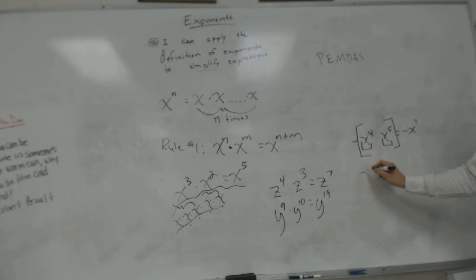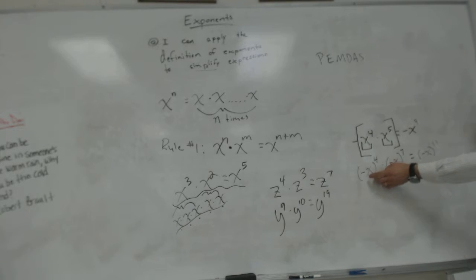Now what if I had something like this? Negative x to the fourth times negative x to the 7th. What would that be? Now my base is negative x. So I'm just looking at this as one thing, this whole parentheses negative x. I'm going to leave that just like it is, and then I look at my powers. 4 plus 7 is 11.